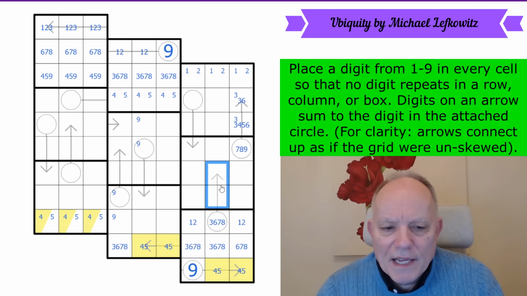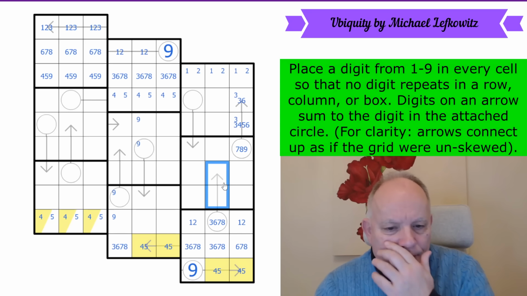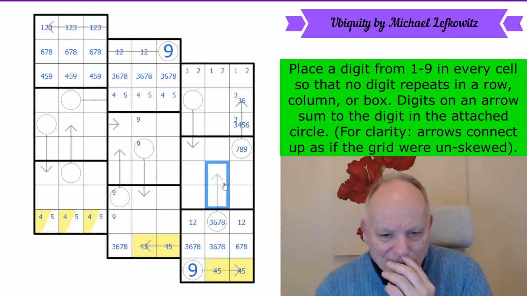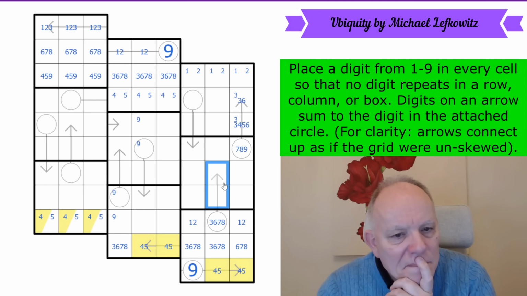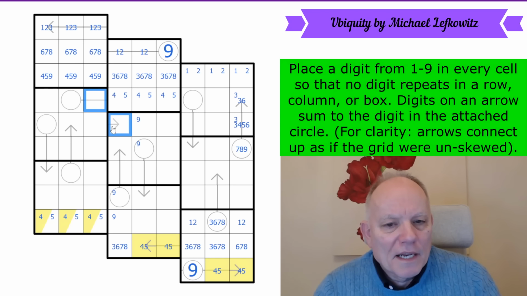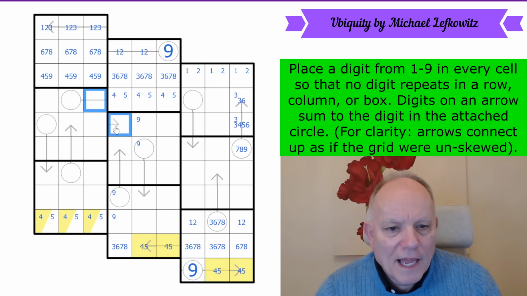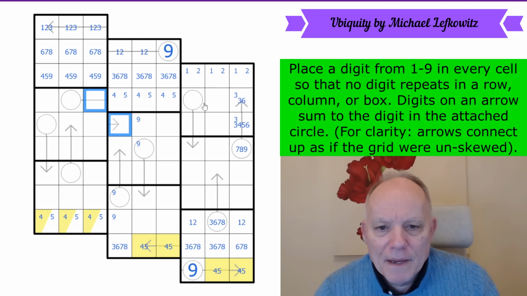I wonder if that is going to be a 1-2 pair. Haven't really got anywhere with this arrow or any of the vertical arrows, maybe apart from this one.